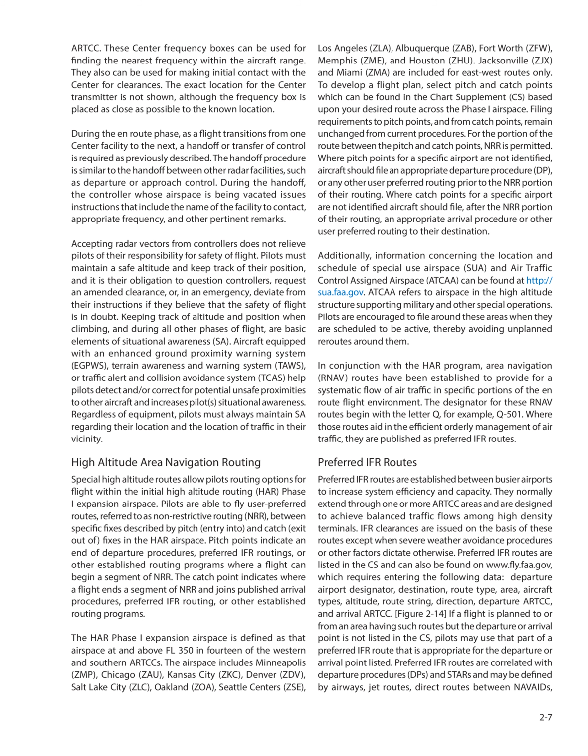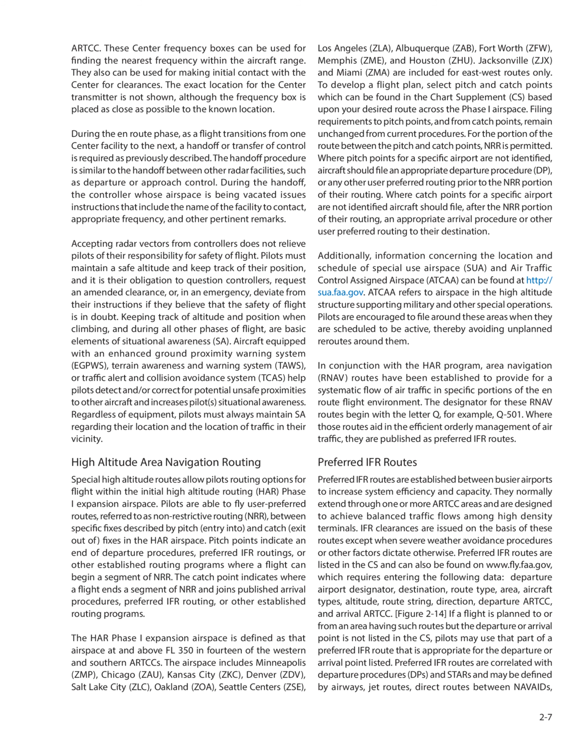Pilots must maintain a safe altitude and keep track of their position, and it is their obligation to question controllers, request an amended clearance, or, in an emergency, deviate from their instructions if they believe that the safety of flight is in doubt. Keeping track of altitude and position when climbing, and during all other phases of flight, are basic elements of situational awareness, SA.